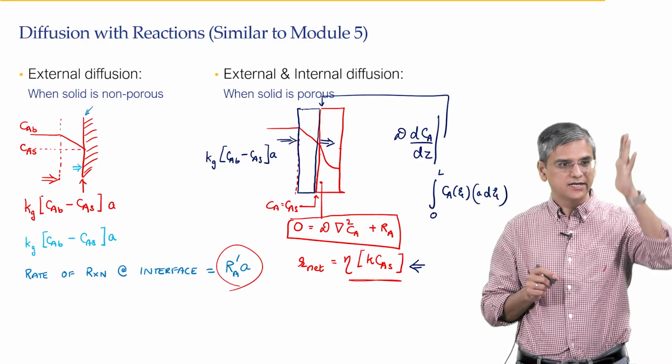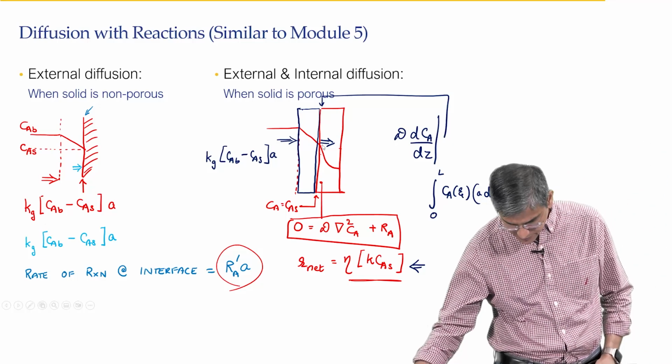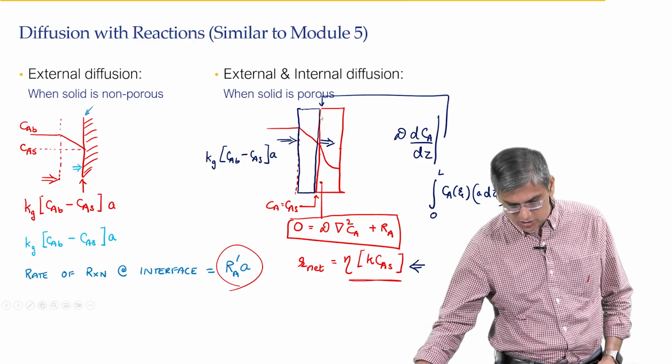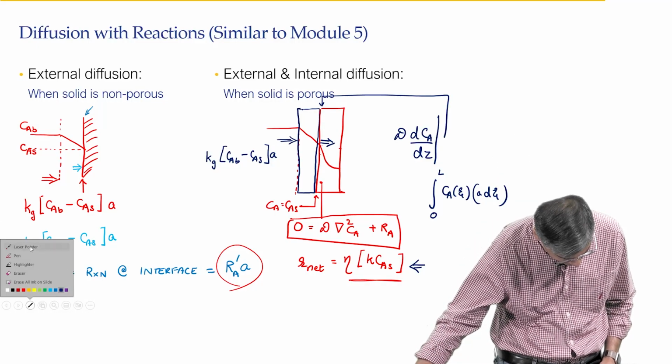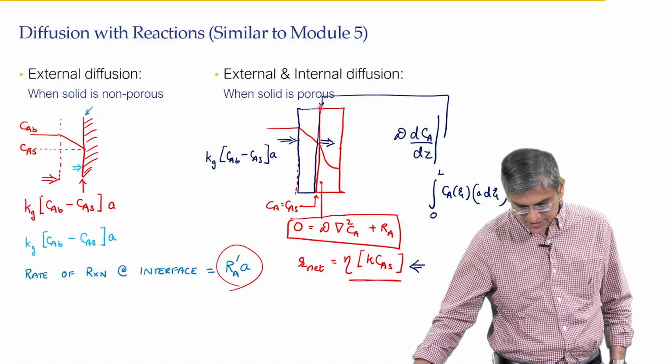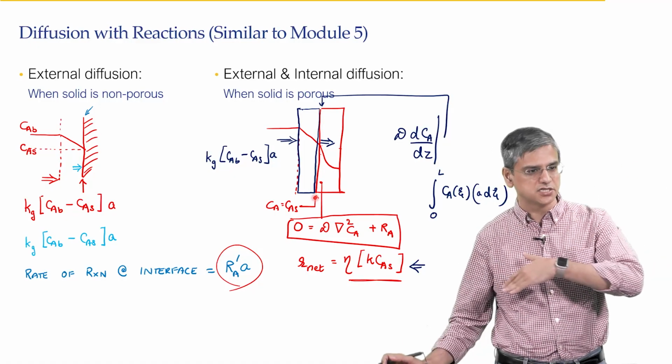Okay, why does A flow across this boundary? You can see the cursor, I don't know if you can see the cursor. Yeah, why does A flow across this boundary? A flows across this boundary because reaction is taking place.